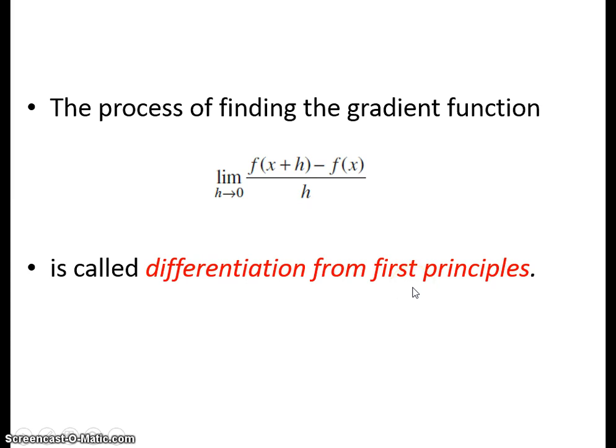Now this is a different formula to the differentiation rule, which we used a couple of lessons ago, and that rule is much simpler than this one. But differentiation from first principles really does show you how the gradient of the secant and the gradient of the tangent are related. This formula is always used if a question asks you to differentiate using first principles.